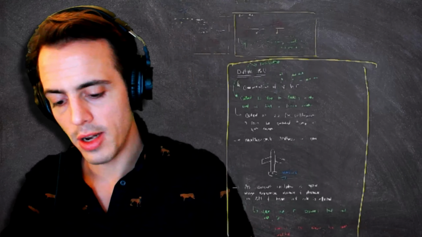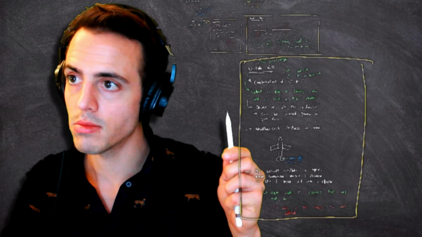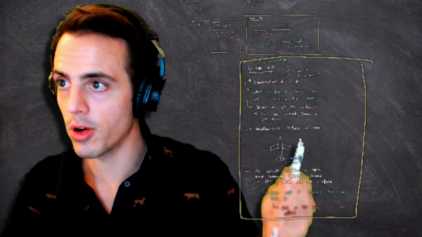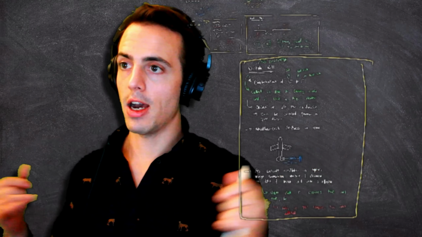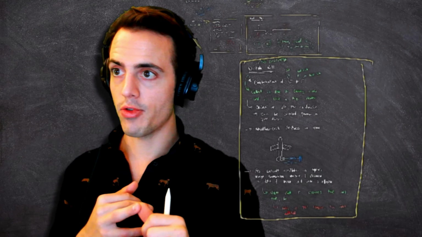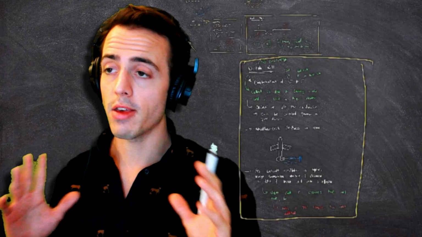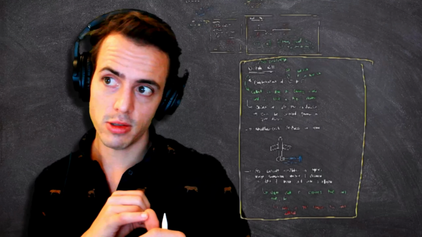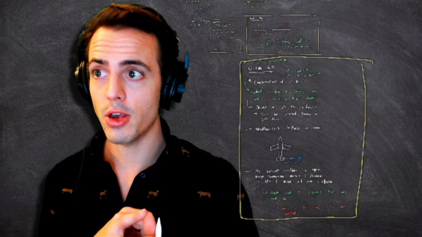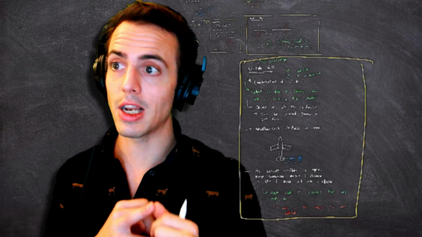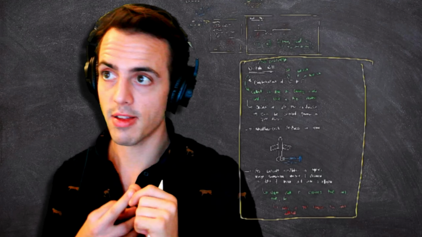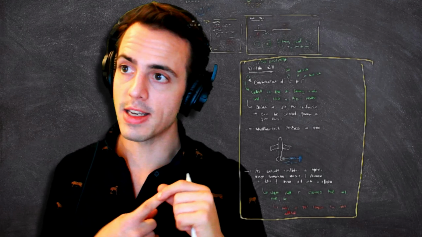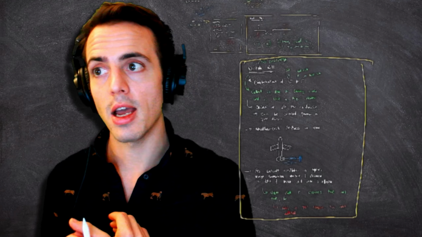But what you need to be able to do, either from the A matrix of one of these aircraft, either longitudinal or lateral directional, and in fact you should be able to do it in both, is to identify which modes are present, whether they're stable, what their time to half amplitude is if it's a stable oscillatory mode, or the time to double amplitude if it's an unstable oscillatory mode, what their damped natural frequency is, and what their natural frequency is.